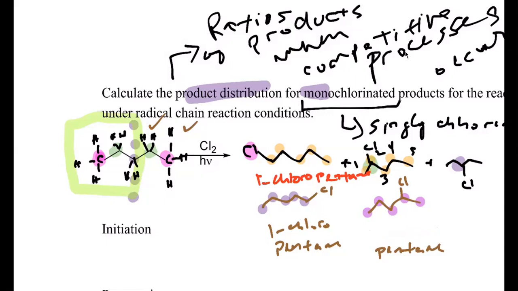Oh, I'm sorry, I was looking at the one after that. Okay. Even on that one, we'll have to start counting from this end. You always start counting from the end closest to your first substituent. So this was 2-chloropentane, and up top, it's going to be the same thing. I'm just trying to make the point that if we show one side, because of the symmetry, we don't have to worry about drawing out all the other products because they're going to be identical.